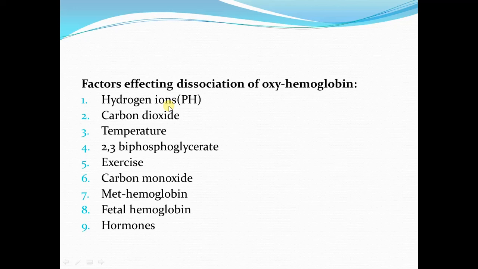They affect the environment of the RBCs in which they are present. But 2,3-biphosphoglycerate is a factor which is present within the red blood cells themselves. It is a constituent of RBCs, and it is produced during red cell metabolism.